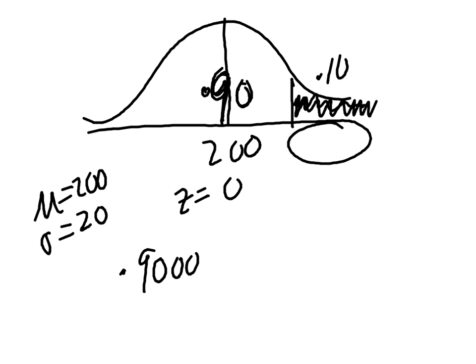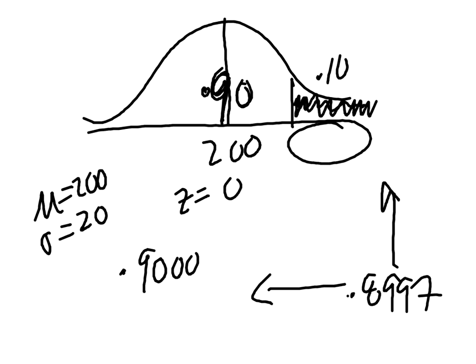And they tell us that when we do that, and this is directly below the question here, that the closest value that we find is 0.8997. And when we go up and when we go over, this is directly below the question there toward the bottom of page 333, we end up with 1.28.